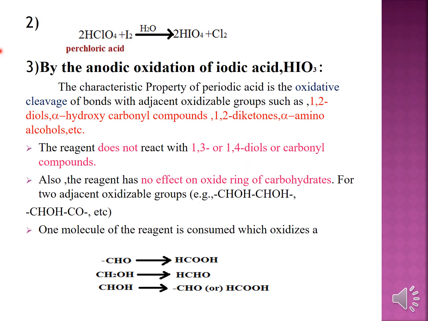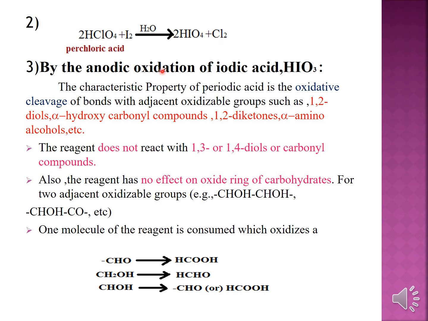This is the next method for preparing metaperiodic acid. We take perchloric acid, pass iodine gas, and treat it with water in the presence of an aqueous solution. Then you get metaperiodic acid with the cleavage of chlorine gas.